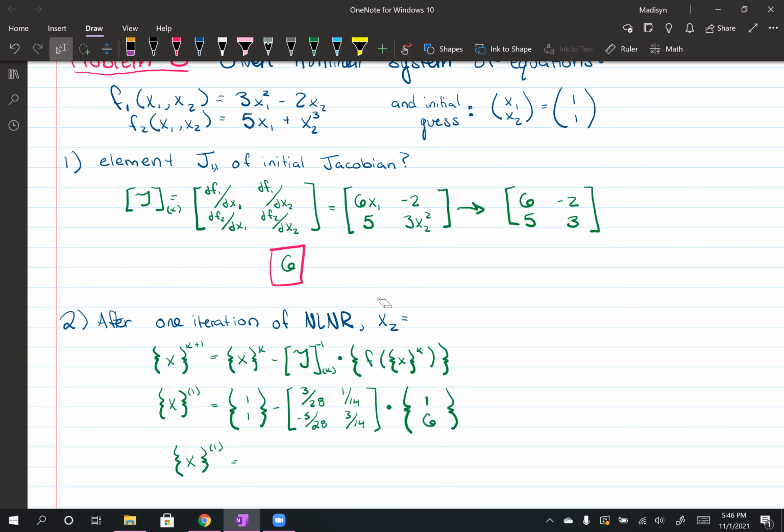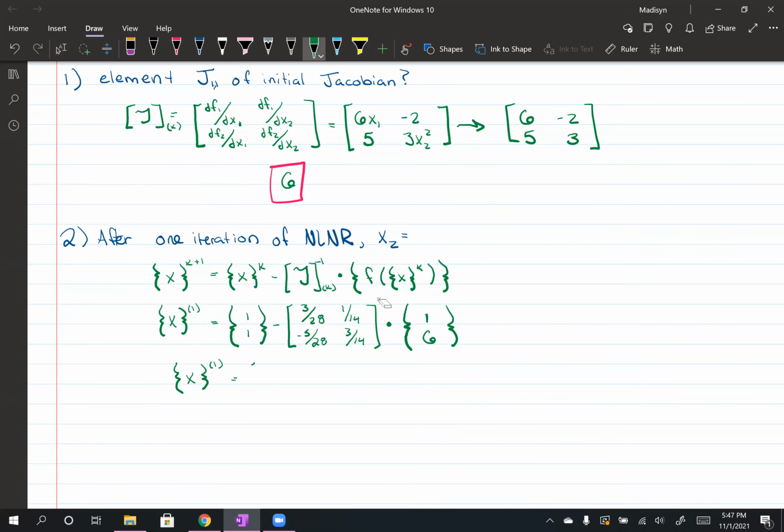So 1 minus this whole mess. Our solution, nice and pretty fractions, I say sarcastically, 13/28 and -3/28.